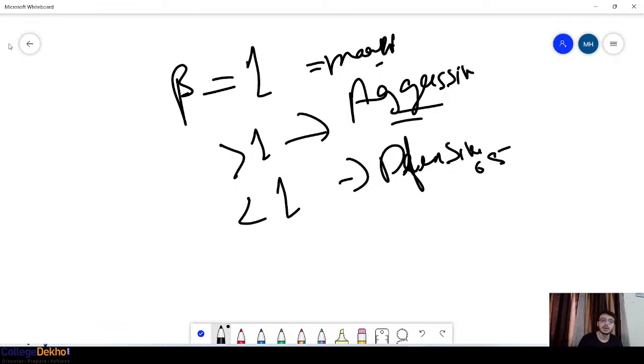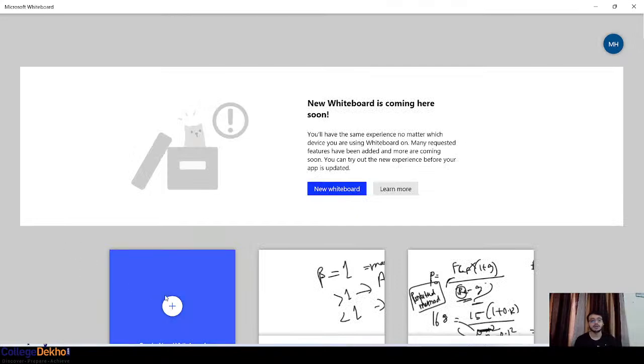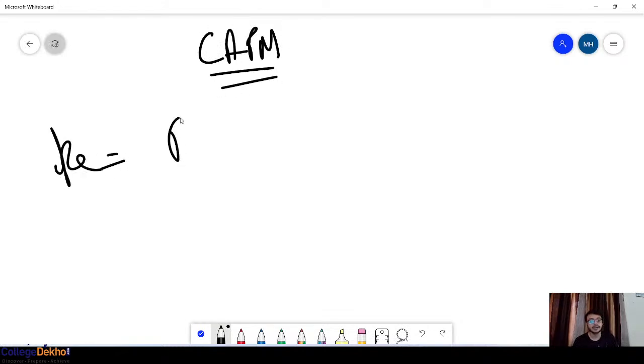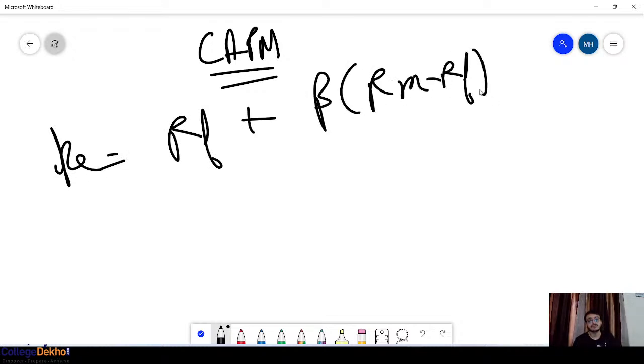Okay. So coming back to the CAPM model now. Capital Asset Pricing Model. It says your cost of equity is nothing but RF plus beta times (RM minus RF). This is the formula. RF is your risk-free rate. Now, what is the risk-free rate?